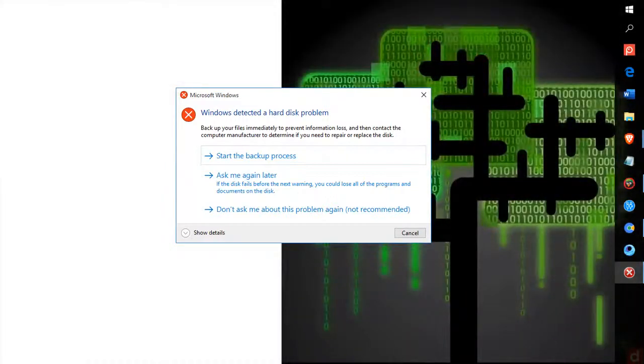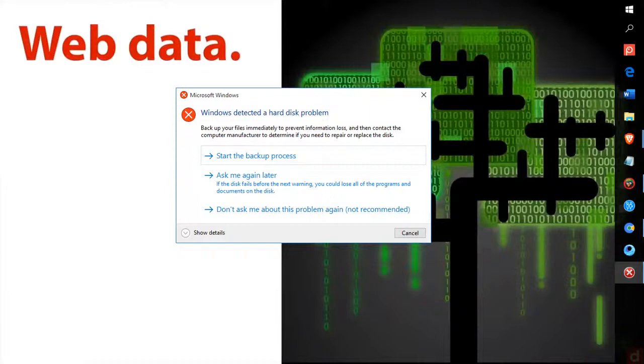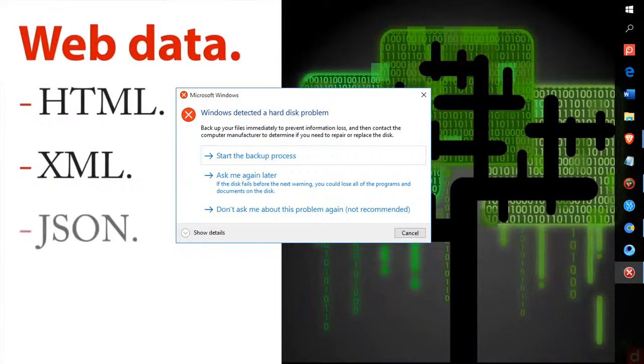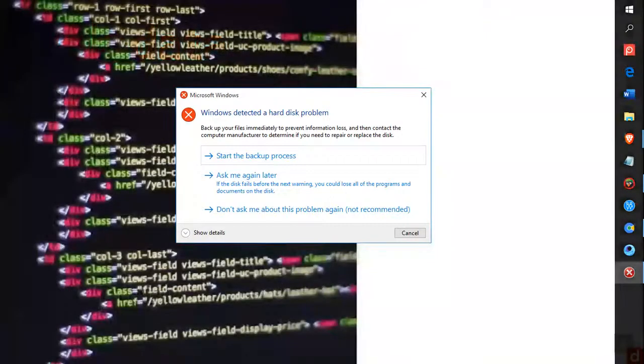Now, in terms of web data, it's helpful to be familiar with things like HTML and XML and JSON and other formats that are used to encapsulate data on the web, because those are the things that you're going to have to be programming about to interact with when you get your data. And then there are actual coding languages.